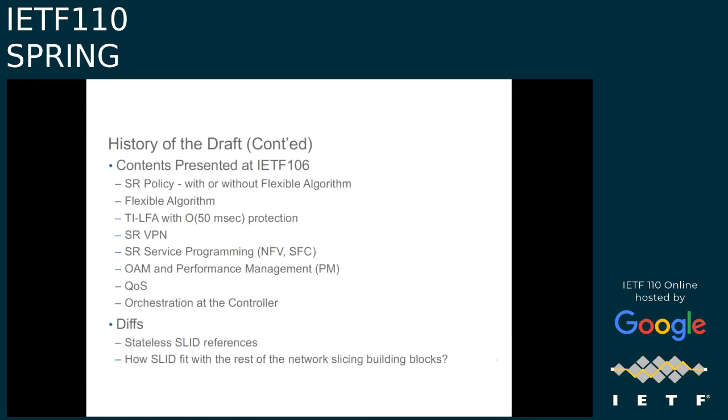Then we talked about flexible algorithms. They complement the SR-TE policy solution by adding new prefix segments with a specific optimization objective and constraints. This is an example of why we call them independent cooperating building blocks, because SR policies are supported with or without Flex Algo. On the other hand, Flex Algo leverages ODN and the automatic steering construct of SR policy. Then we talked about TI-LFA, which plays a role in providing sub-50 millisecond protection in the underlay.